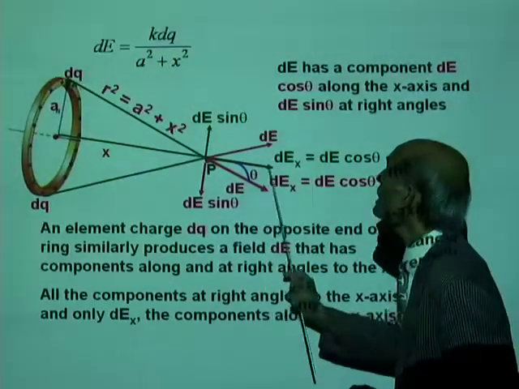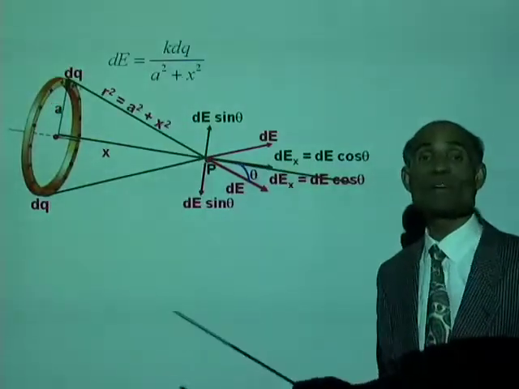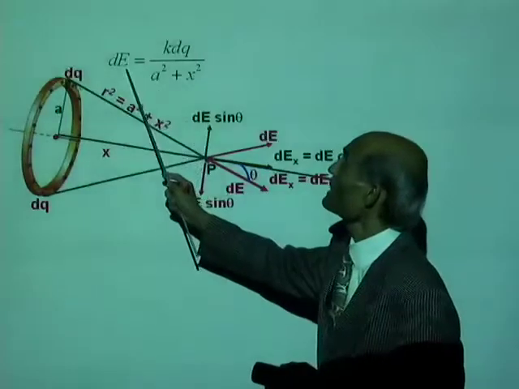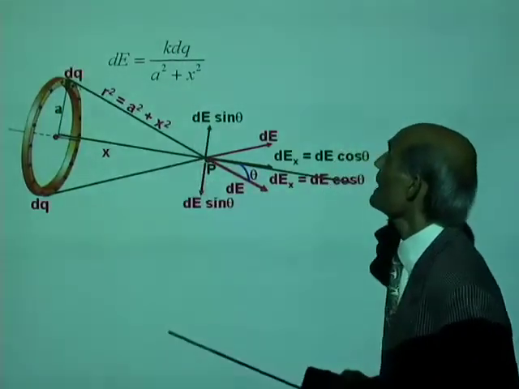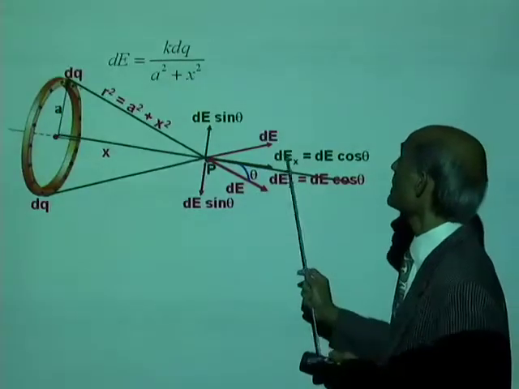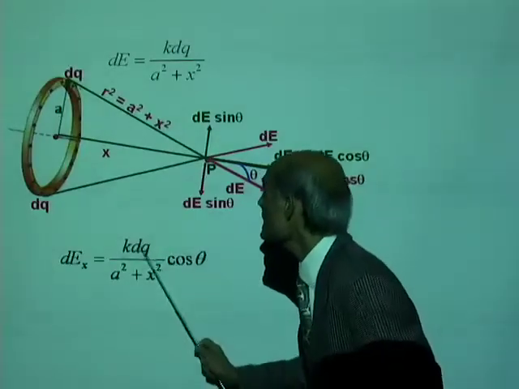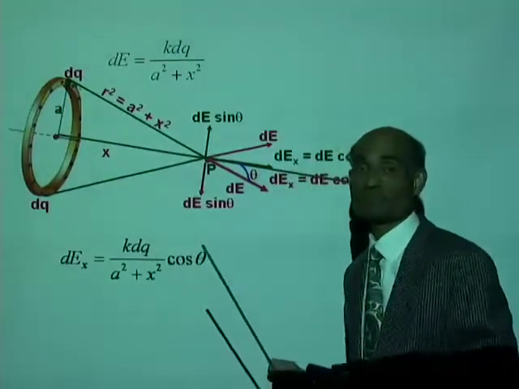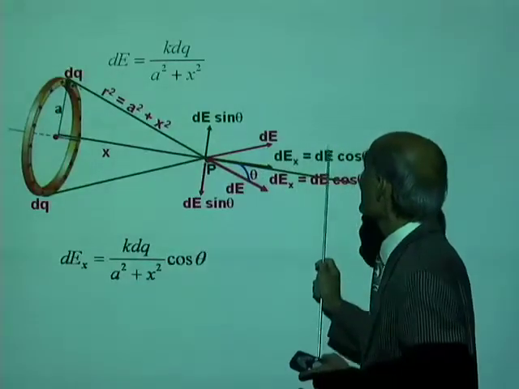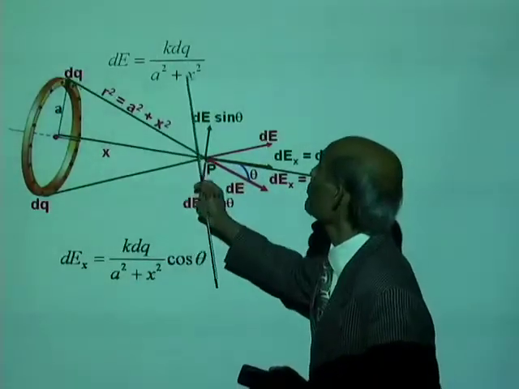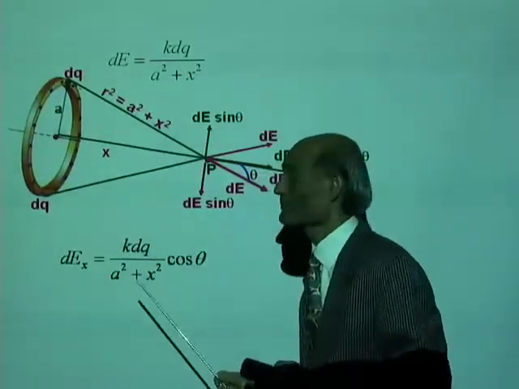So we need only look at the x component, all the y components will cancel. And that dE is equal to k dq over a squared plus x squared, and its x component will therefore be dE cos theta, where dE is this quantity, and we now work with this.